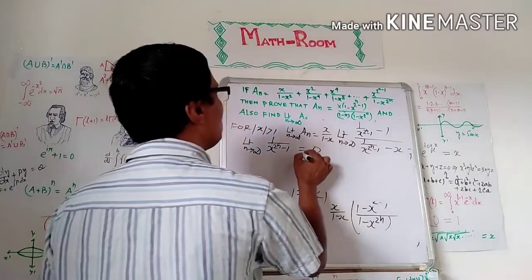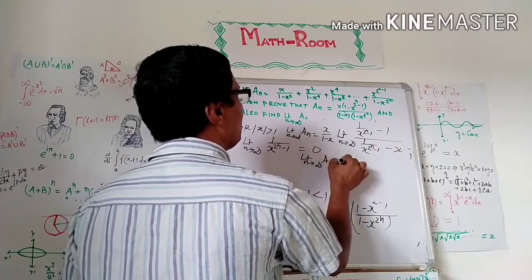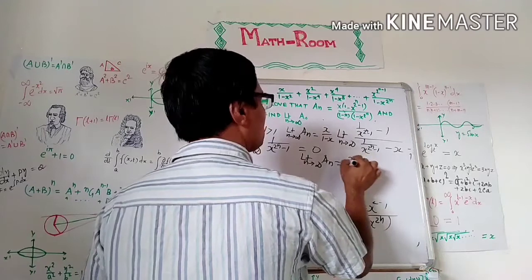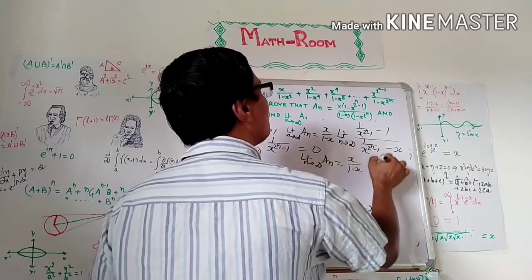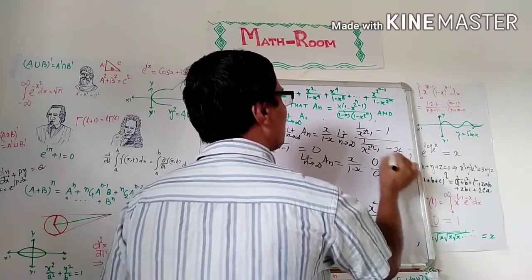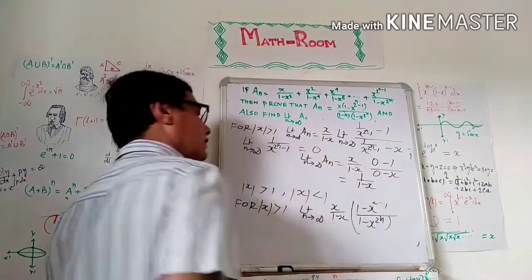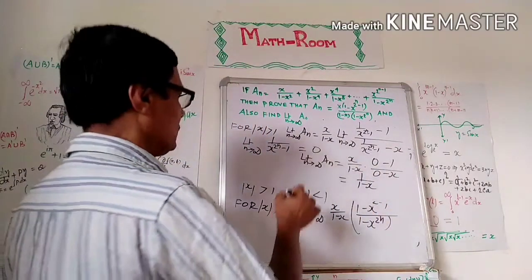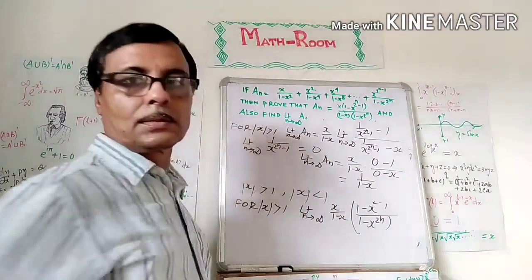So the limit equals x over 1 minus x into (0 minus 1) over (0 minus x), which is 1 by 1 minus x.